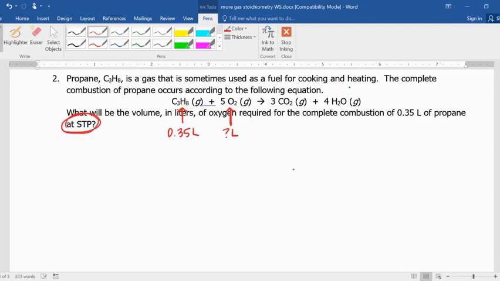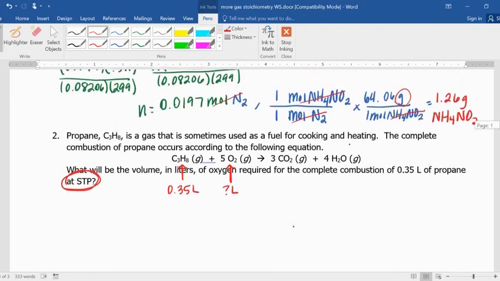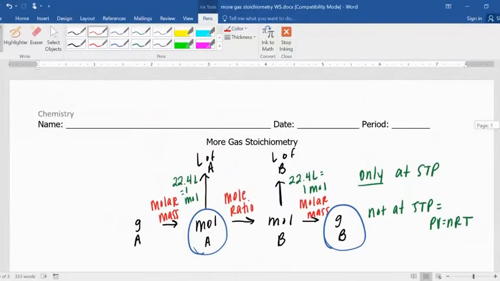Oh boy, at STP. This is our best friend to hear this phrase, because at STP, if we go back up to mole island, and let me erase this little bit from the last problem, my circles. Mole island, we can use our liters when we are at STP.